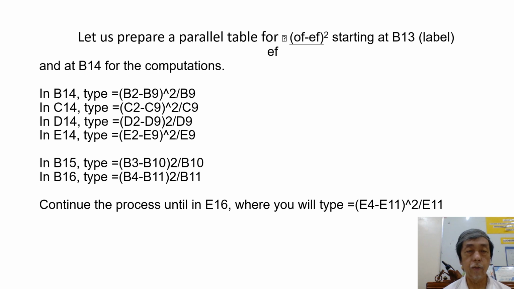For example, in B14, we type open parentheses B2 minus B9 close parentheses caret 2 slash B9. And we shall continue the process until box E16, where we will type equals open parenthesis E4 minus E11 close parenthesis caret 2 slash E11.